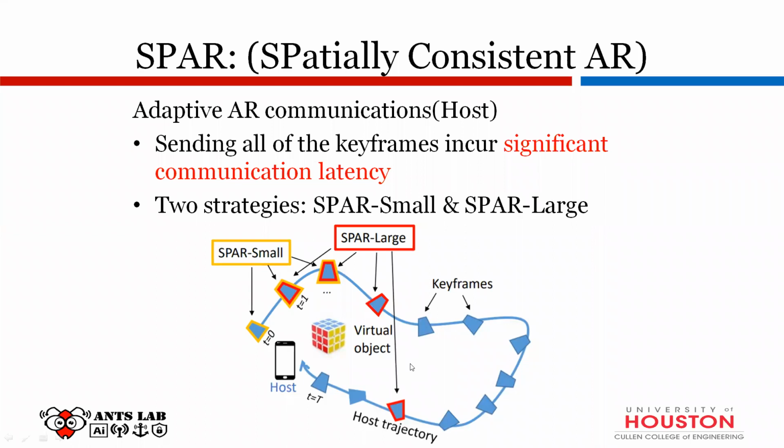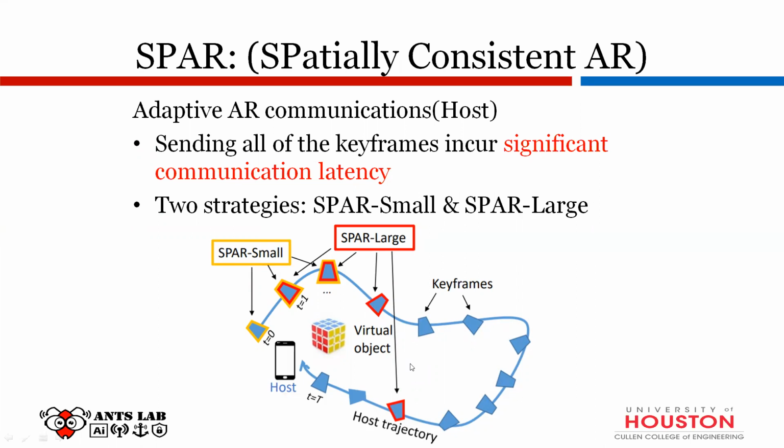But how can you determine that? Because you try to determine that from a time point of view, right? The example tries to show it from a time point of view. Yes. I guess probably they use the trajectory information to design the spatial information and choose which frames to be sent in SPAR large.